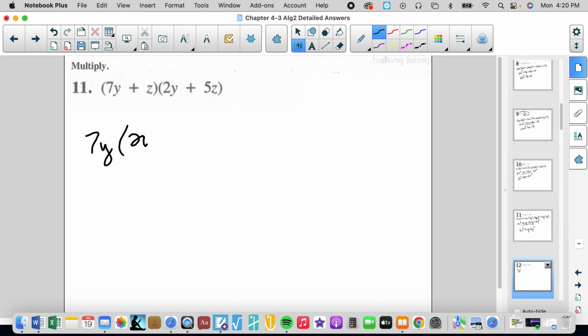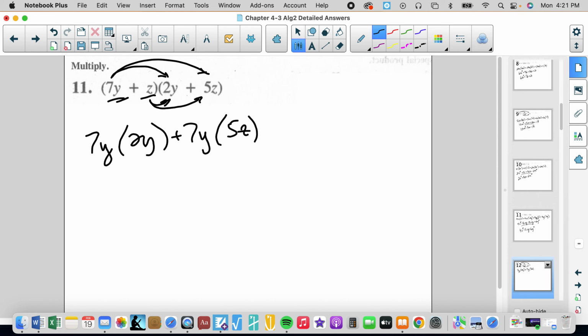7y times 2y plus 7y times 5z. That's this distribution. We're distributing the first term of the binomial. Now we're going to distribute the second term of the binomial.